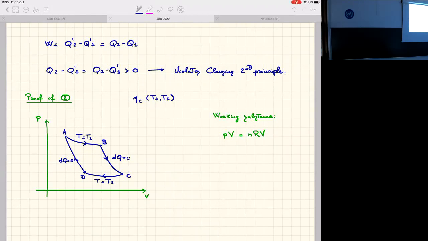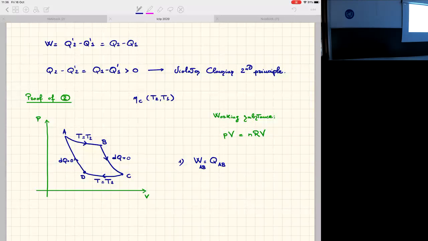Anyway, now let's calculate the efficiency. In order to calculate the efficiency, what we have to do is to calculate the heat and the work done in all 4 strokes of the transformation. So the work on the step AB has to be equal to the heat exchanged on the step AB.